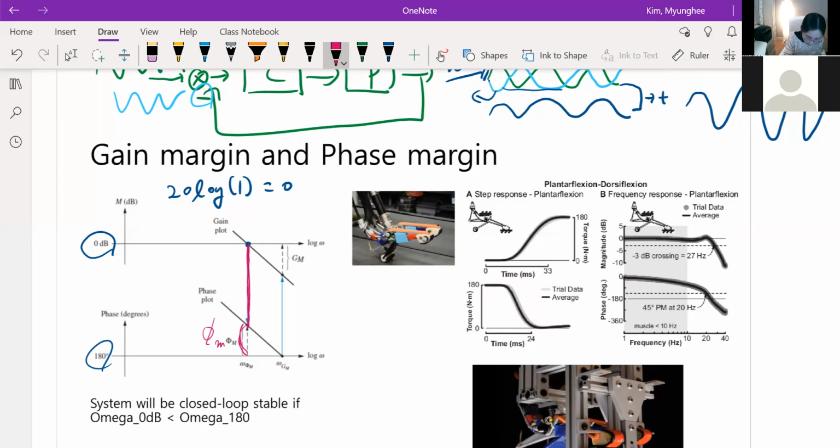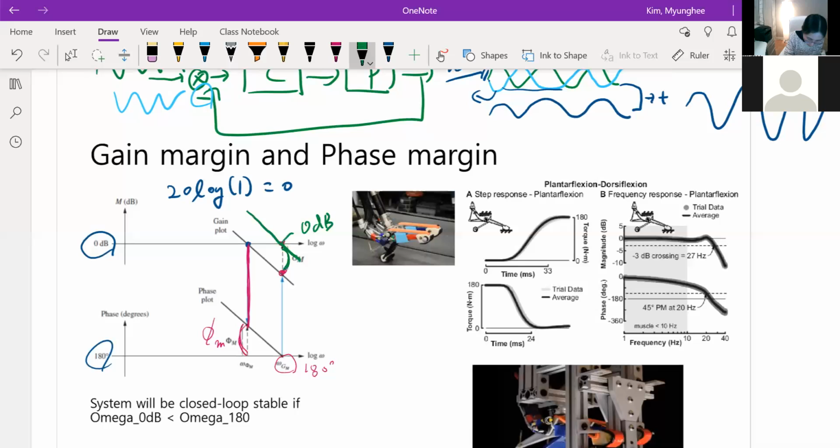And then gain margin is how much gain you have before this point reaches 0 decibel when the phase difference is 180 degrees. So it's almost the same idea as the phase margin. It's just making sure that it doesn't reach 180 degrees at 0 decibel.